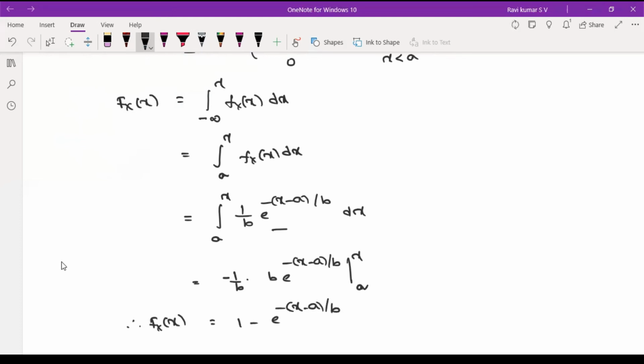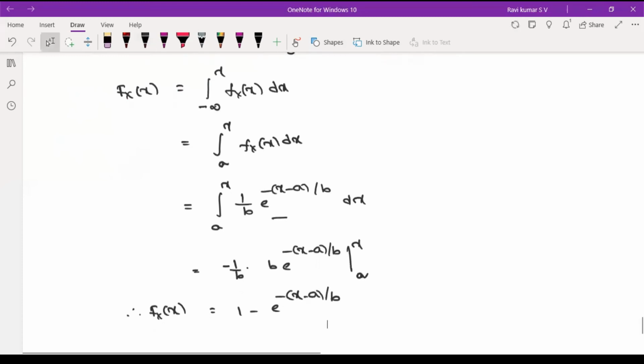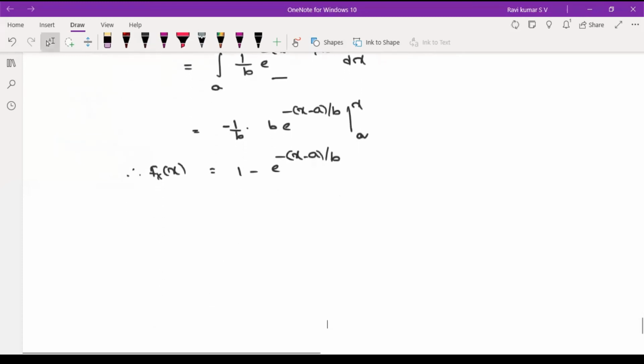Okay, so this is the expression for distribution function. And again, you can take the limits, x is equal to a in the condition, then you can get the final distribution function for different conditions.